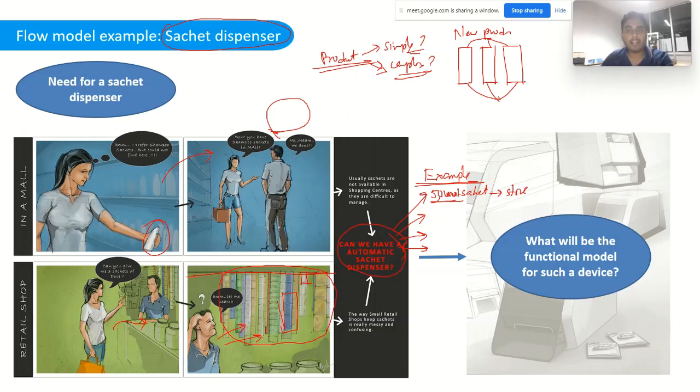Then the second thing is that it should dispense multiple sachets at one go. For example, if you ask for 5 sachets, it should dispense sachets in a strip form, not like individual sachets.